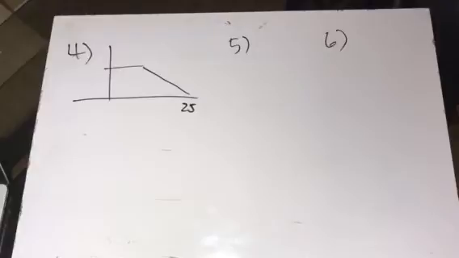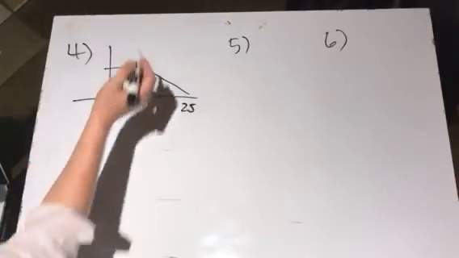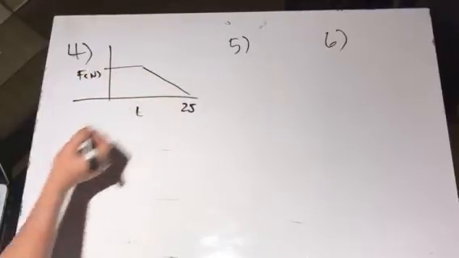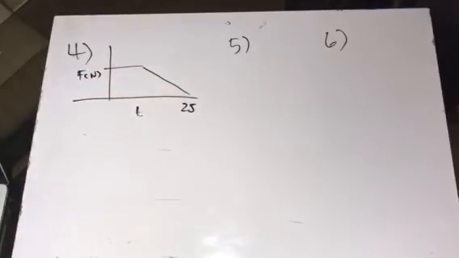So question number 4 is very easy because we know that the graph itself is F and this is time. It asks to calculate the impulse applied to the mass during the first 25 seconds.